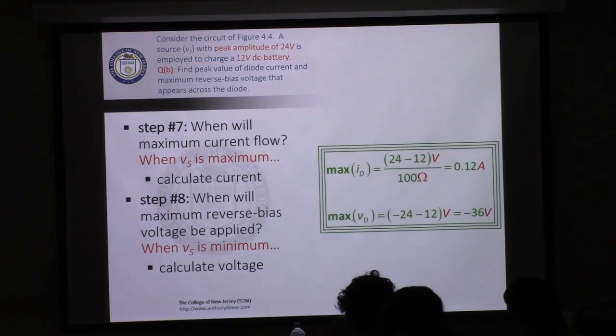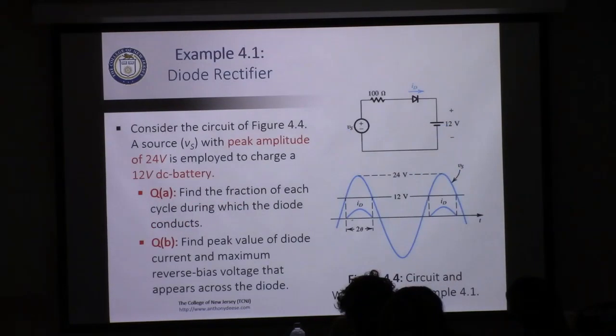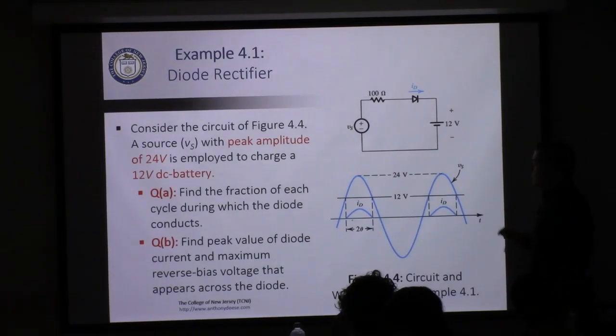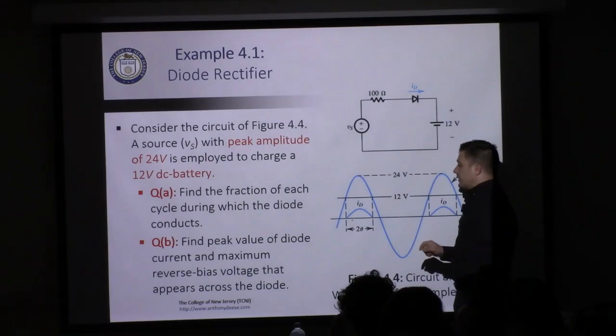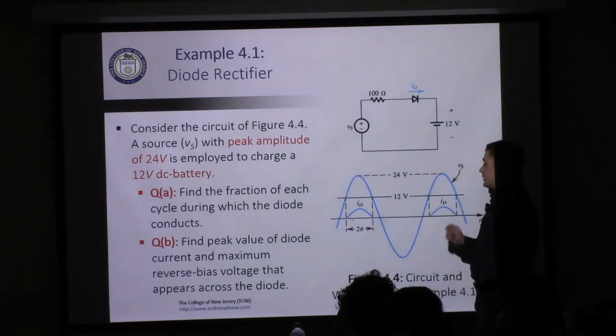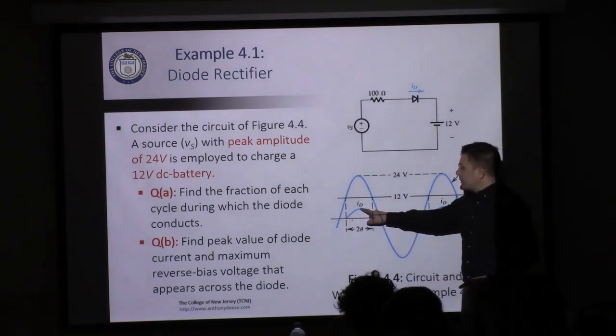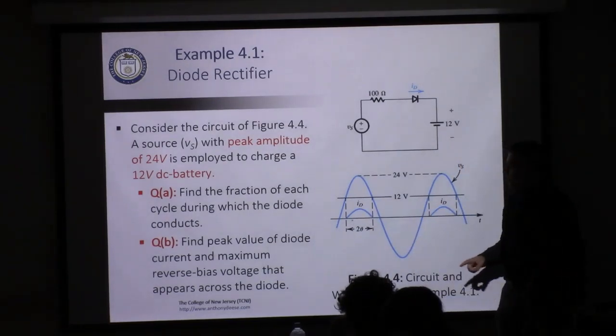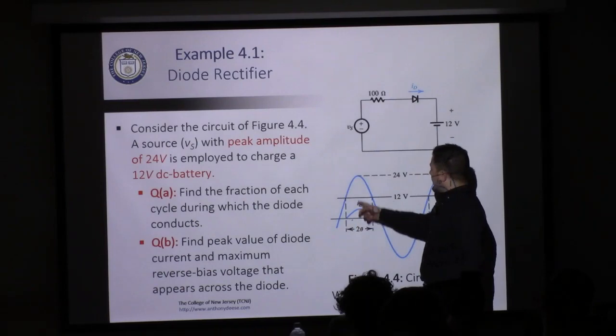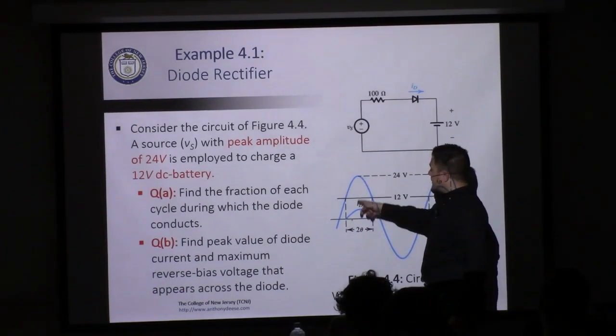Okay, so we answered the first part of the problem. The next part asks us to find the peak value of the diode current and the maximum reverse bias voltage. Let's put off the second one for a second and talk about what the peak current is going to be. We know it's going to occur when Vs is at its peak.